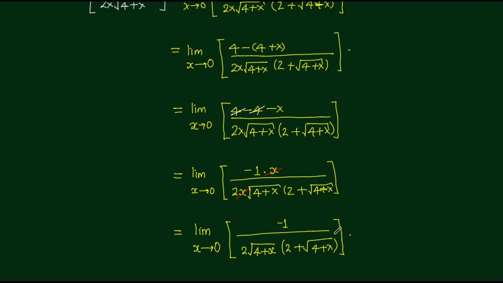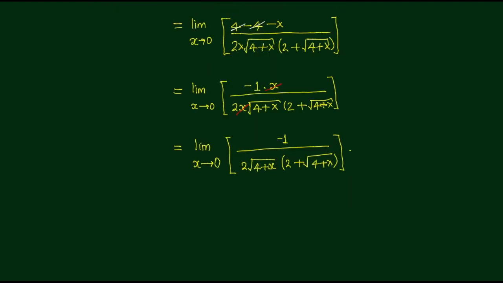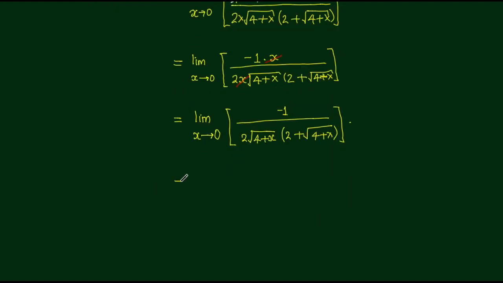Now at this stage, since our numerator is already a rational number, we can substitute 0 to replace all x from our expression, starting with 2 multiplies with 4 plus 0 times 2 plus under root of 4 plus 0.